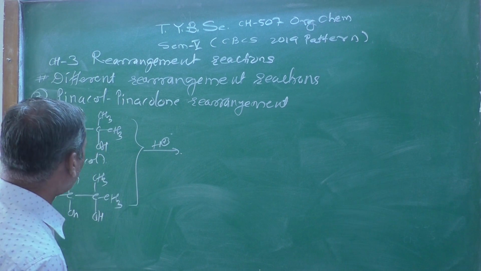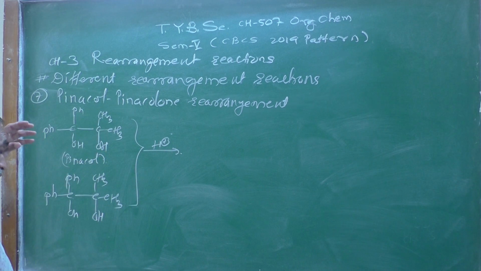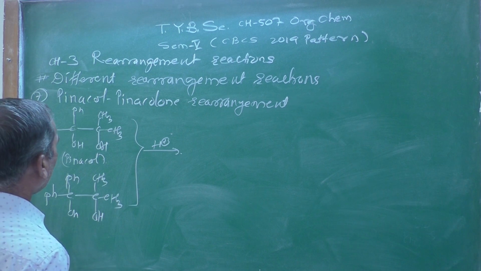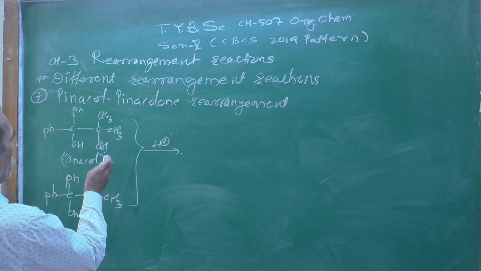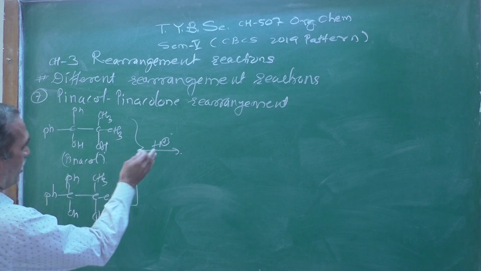Now suppose I have shown two probable structures over here. Suppose these get protonated like this.